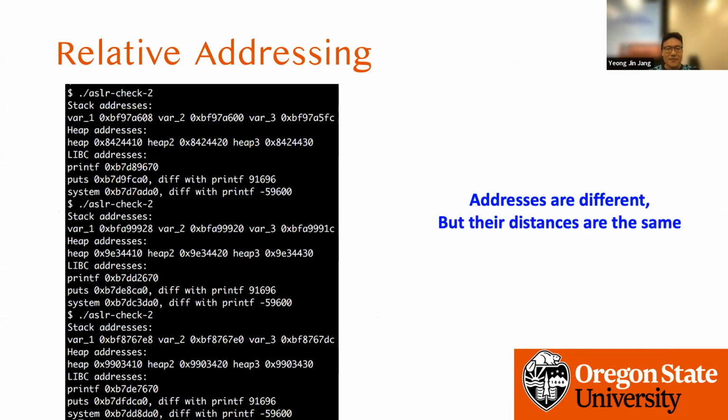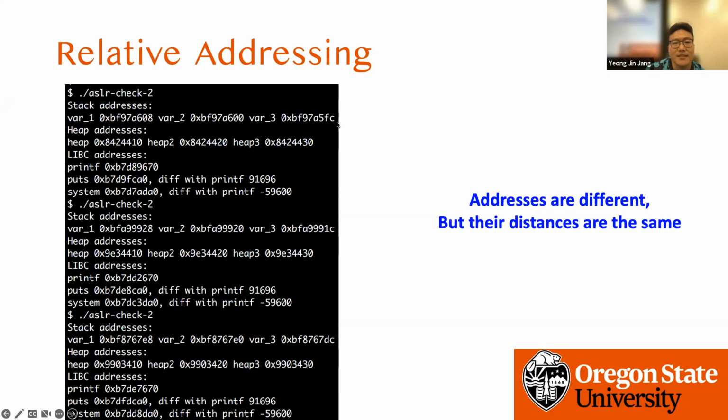To give a better idea, there's another program, ASRL check 2. You can run it too. When I run the program, the stack addresses for variable 1, variable 2, and variable 3 are something like this. But you will see that the distance between variable 3 and variable 2 is 4 bytes.